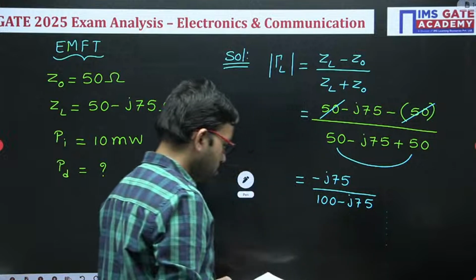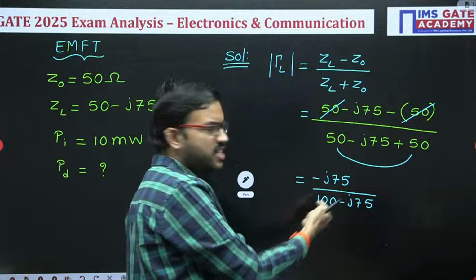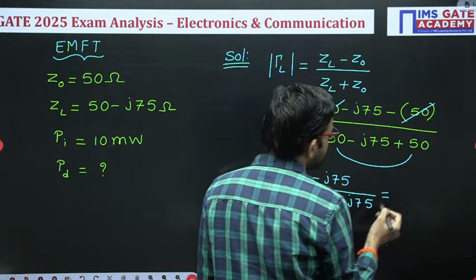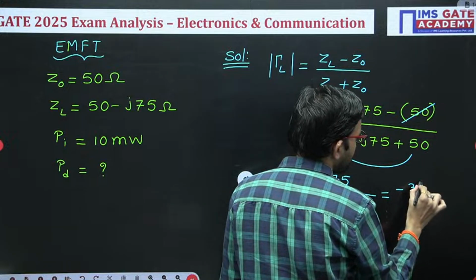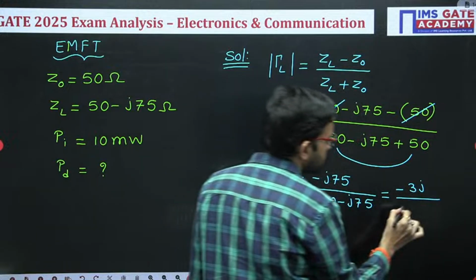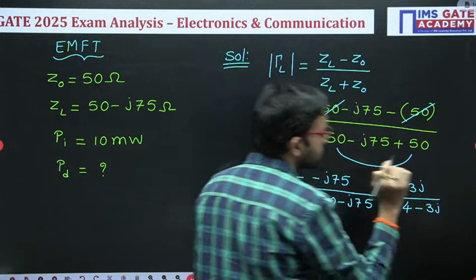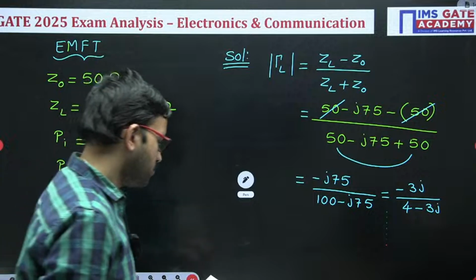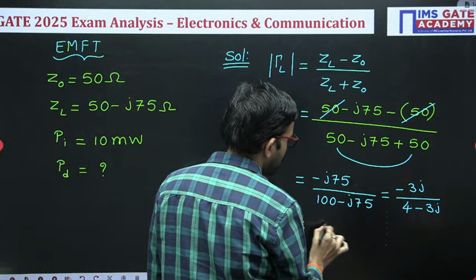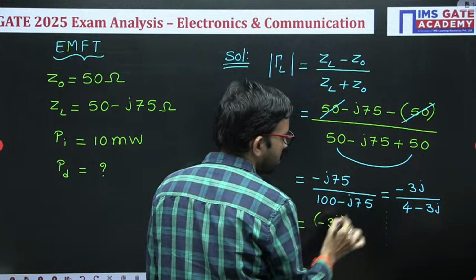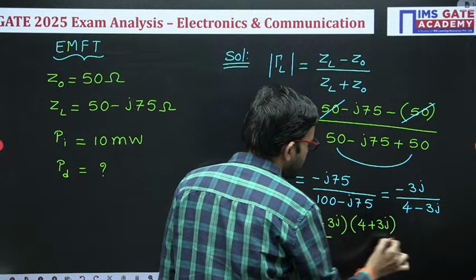Now do the simplification. Take 25 common from the denominator, then the numerator is 25 times 3, so you are getting minus 3J divided by 25 times (4 minus 3J). You can multiply and divide with the complex conjugate, 4 plus 3J.